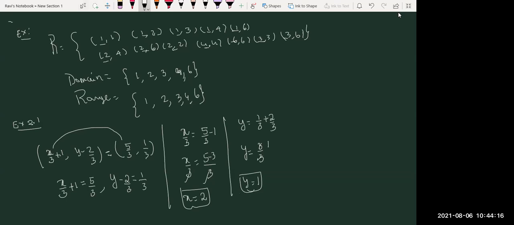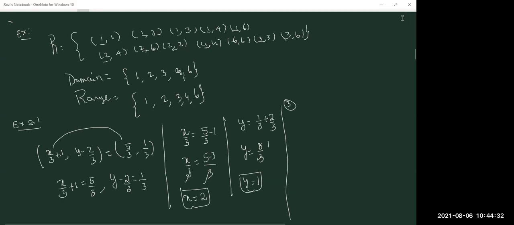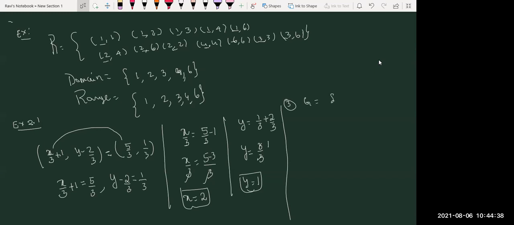Now third question. Question number 3, you can see. G equals what did we get? 7, 8.